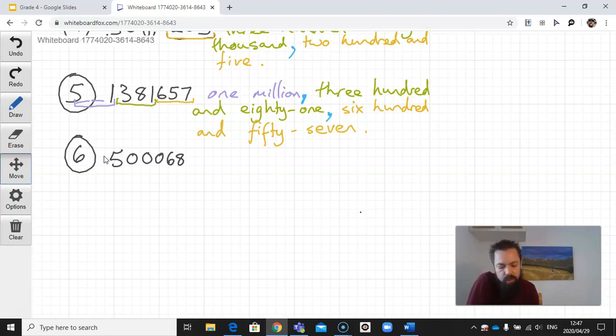Okay, let's first of all put them into our families. So we have our units family, and we have our thousands family. We don't have any in the millions family. So we're going to start off looking at our thousands family. I'm sure you can read the number that's above the green line, 500. Separating my families, I'm going to put in my comma.